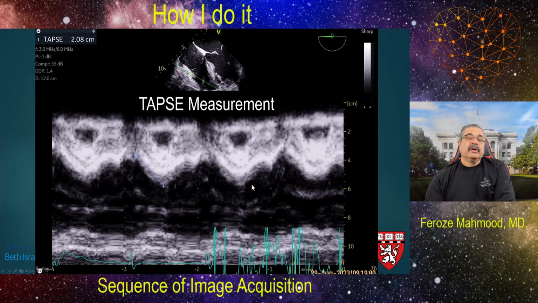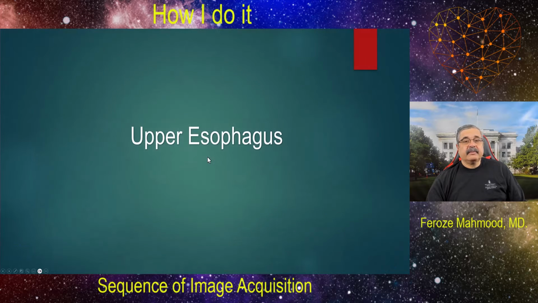I can also take this opportunity to measure TAPSE, which is again the tricuspid annular plane systolic excursion, to knock it out of the way and do a comprehensive functional as well as qualitative and quantitative structural and functional assessment of the right ventricle.